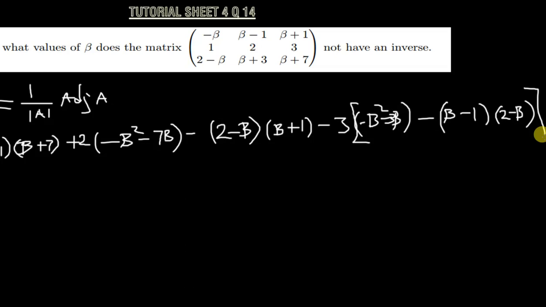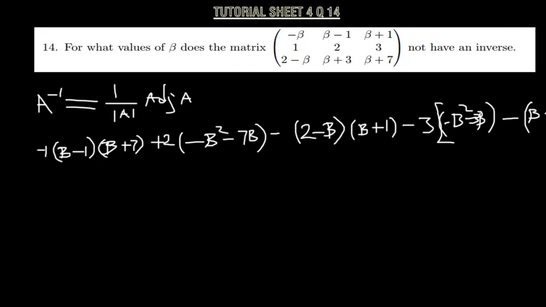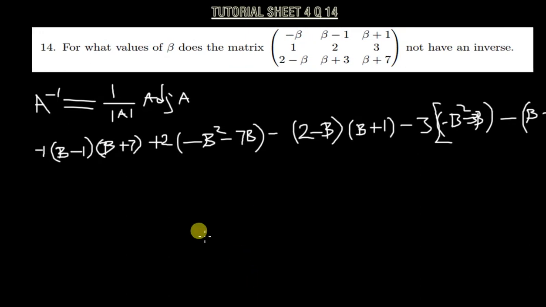Then you close the brackets like that. So let me just check through. I think I may have made a mistake somewhere. So this is -1, then I'm going to have this times that, then minus this times that. Yes, I've made a mistake.